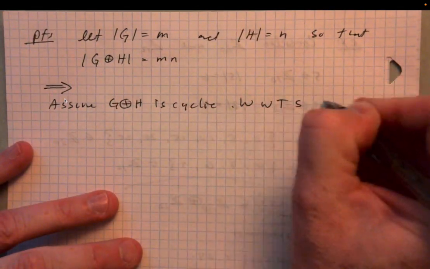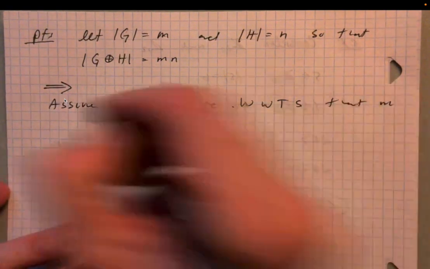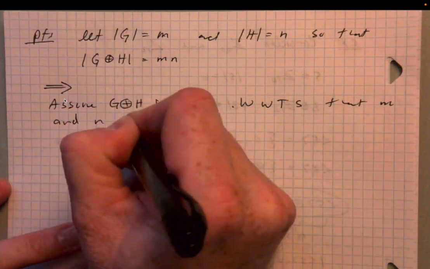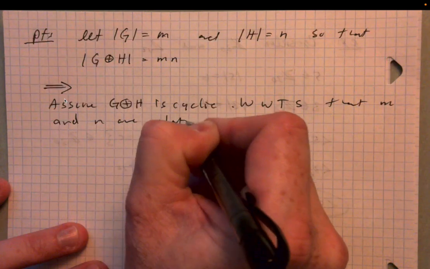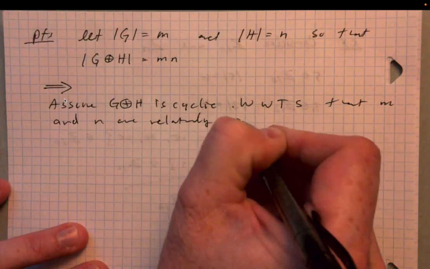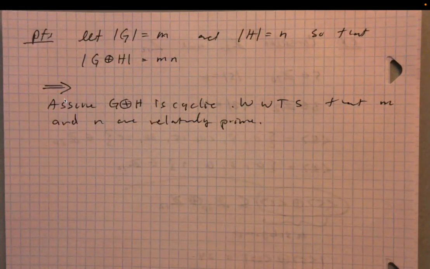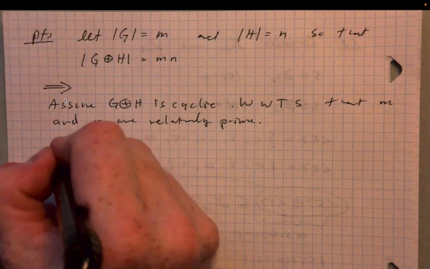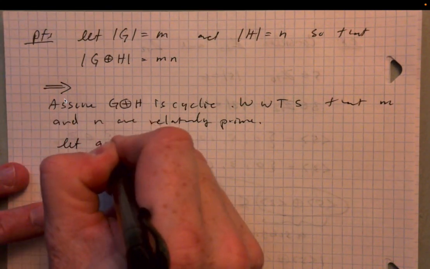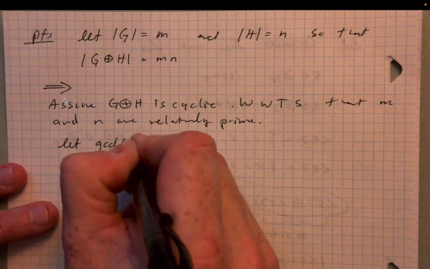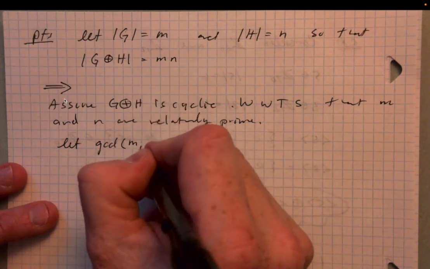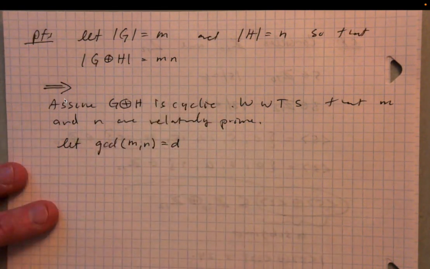We wish to show that M and N are relatively prime. So let's go ahead and assume the greatest common divisor of M and N is equal to some number D.